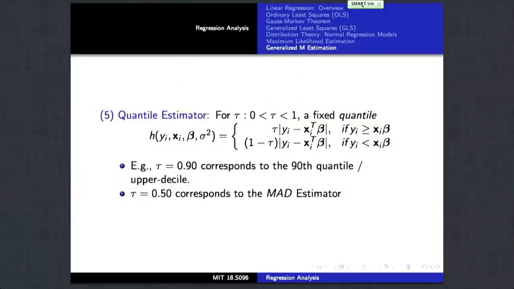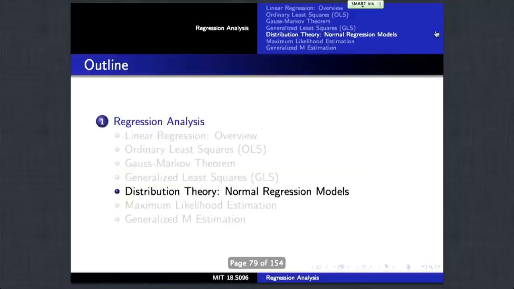So this general class of M-estimators encompasses most estimators that we will encounter in fitting models. All right, so that finishes the mathematical discussion of regression analysis.